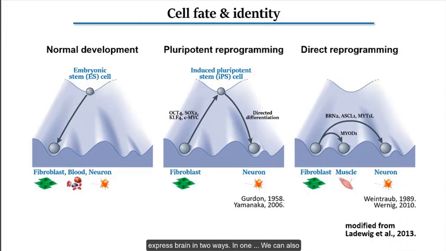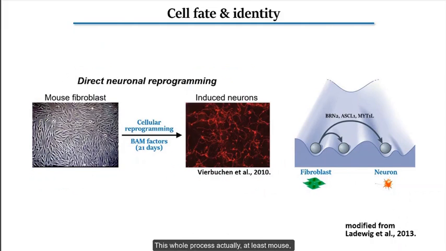This whole process, at least in mouse, was initially shown in 2010, when I was finishing up my PhD, in my final year, and it really caught my attention that with these transcription factors, in only three weeks, just 21 days, they completely changed the morphology.